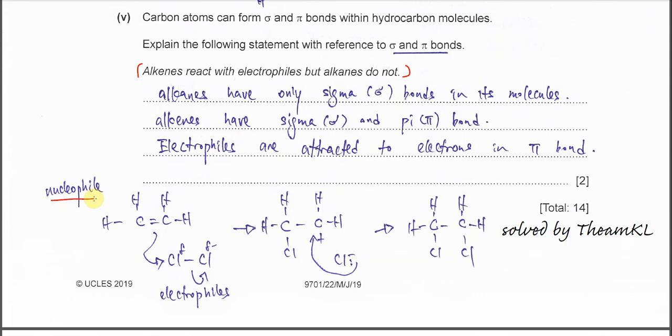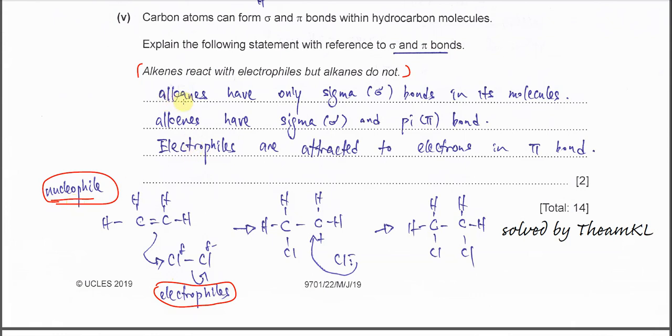Nucleophile is the one that is electron rich, it wants to donate a lone pair out. Electrophile is the one that is electron deficient, it wants to gain the electron. So in one reaction, it must have electrophiles and nucleophiles together.